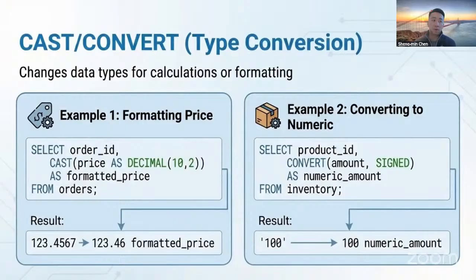So for example, if you want to change a number that is a float and has a lot of decimals to just doubles with two decimals, you would use cast. Now, convert is when you want to follow the appropriate type.